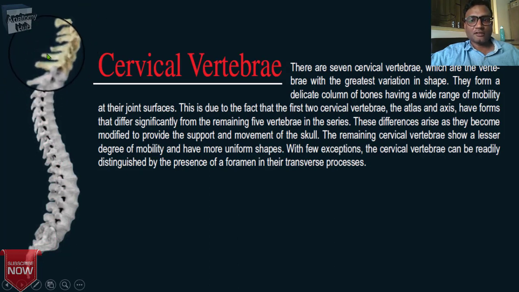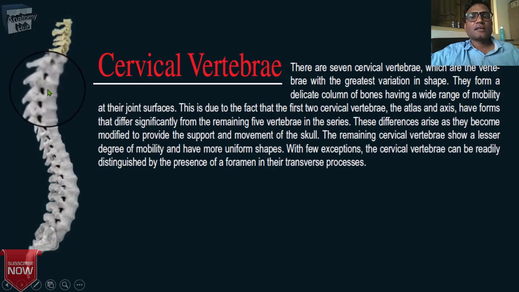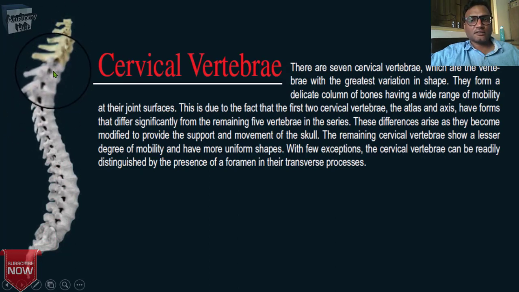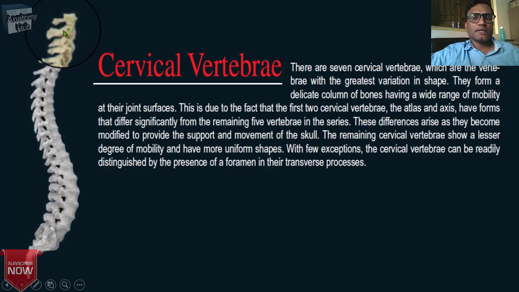These differences arise as they become modified to provide support and movement of the skull, and the remaining cervical vertebrae show lesser modification, lesser mobility, and more uniform shapes, with few exceptions.